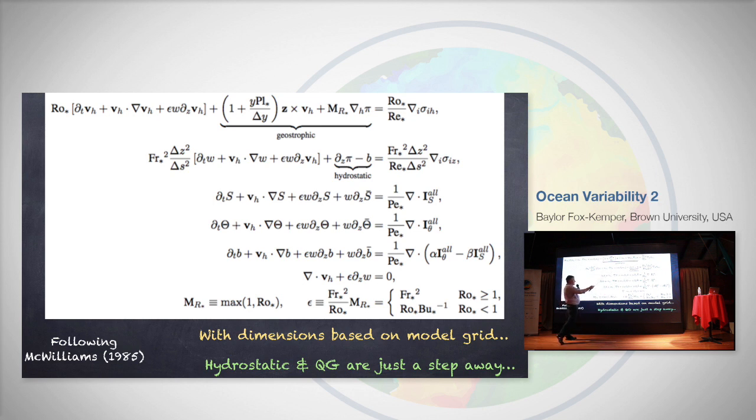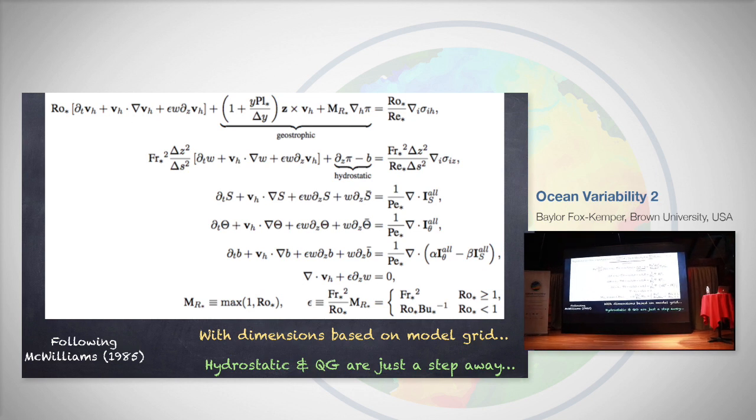Oh, it's hiding inside of epsilon, which is over here. This is an elaborate non-dimensionalization, but the advantage of this one is this spans the whole range of ocean motions from stratified turbulence through the mesoscale with just this one dimensionalization.